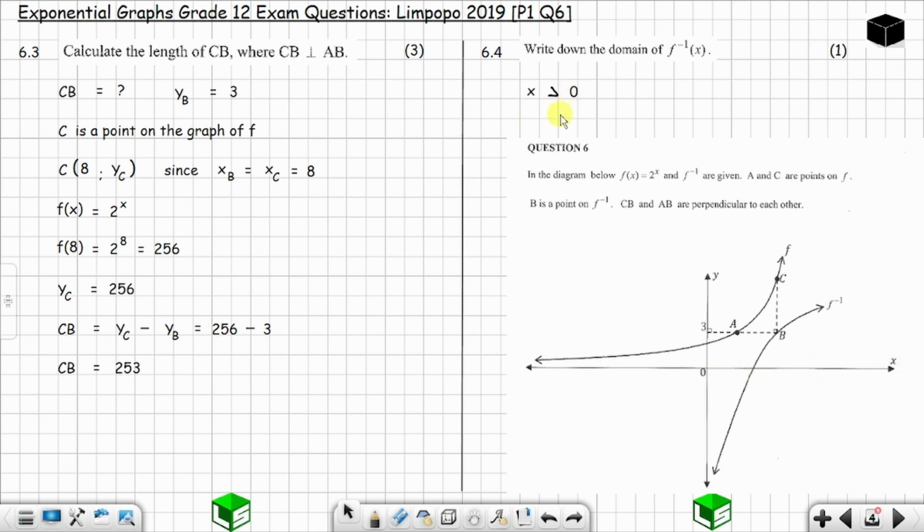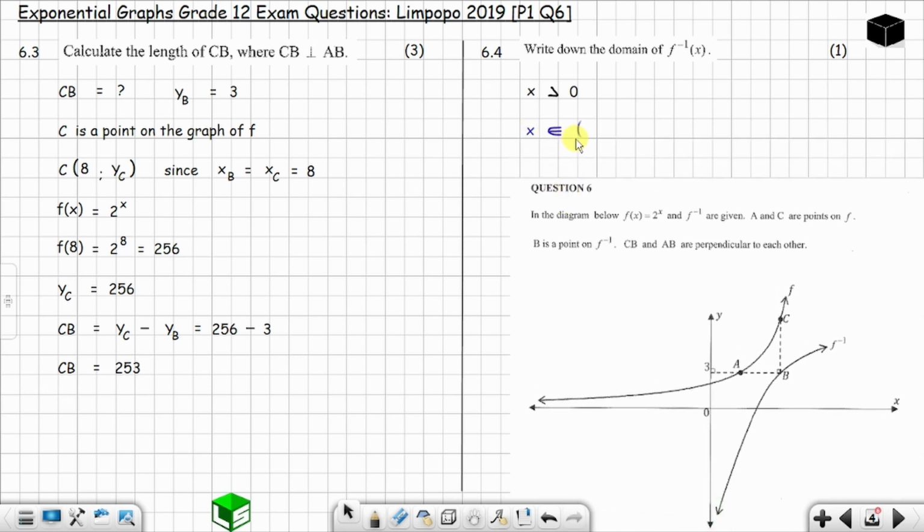Or you can write it as x element of this interval from 0 to infinity, and make sure that you have a round bracket there because 0 is not included. 0 is not part of the domain. This is why I have a round bracket. And I have a round bracket at infinity because I don't know what infinity is. This is why I'm using a round bracket.